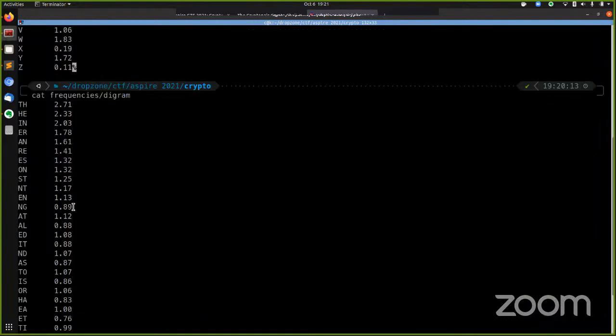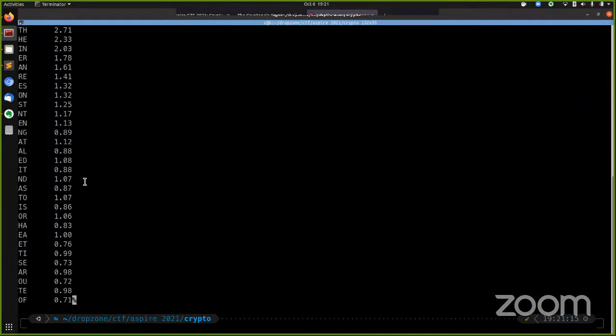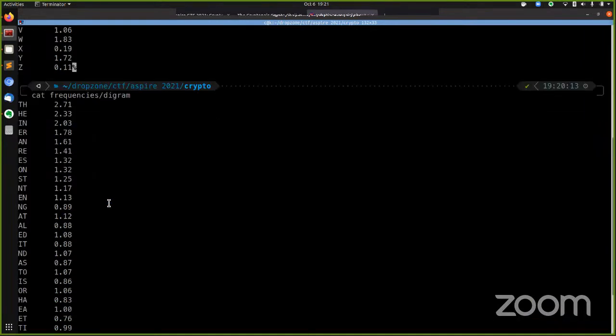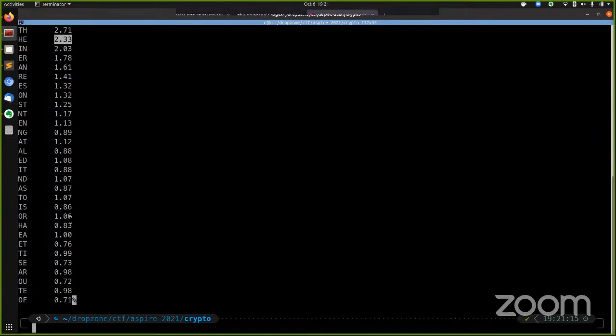In this case, the file gives you the probability of finding certain combinations of letters: TH is 2.71, HE is 2.33, and so on. Some are very low. As you can see, the probability of finding ET is much, much lower than the probability of finding TH.